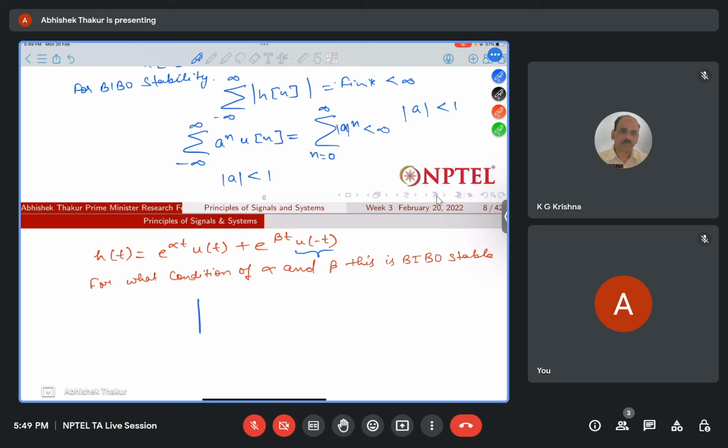So in that case what we have to do: u of t is this curve, and u of minus t is defined only for negative values of t.